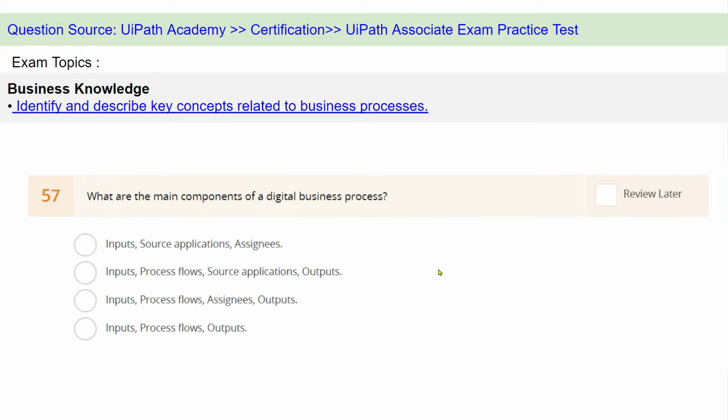Let's move on to the next question. What are the main components of a digital business process? Going through this question gives you a clear idea of what this topic is about and what it intends to ask you. Input will be there, and there is an output of a business process, right? This is clear. And there should be a process flow, right?